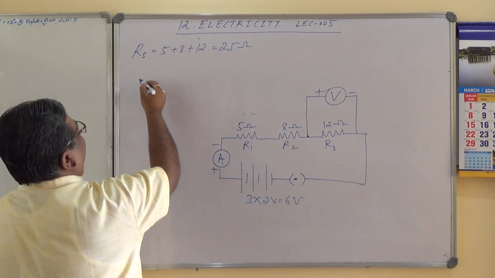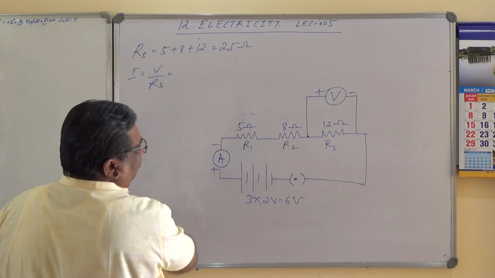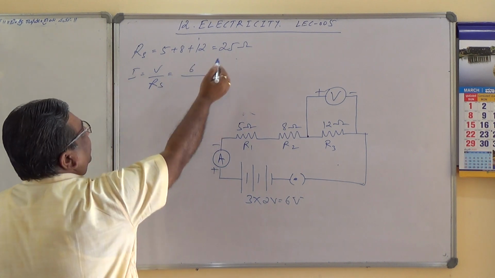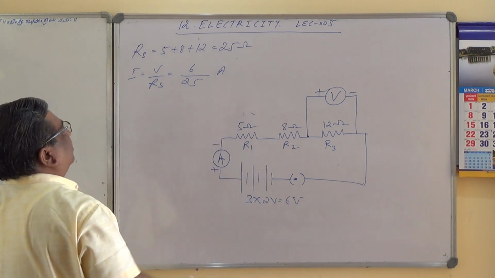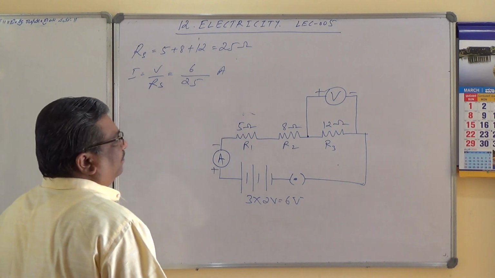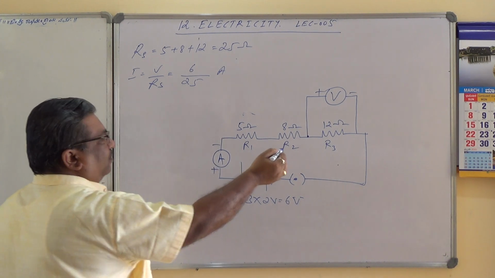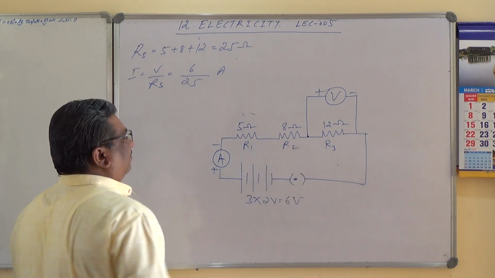What is the current? I equals V by Rs, which is 6 volts divided by 25, so I is equal to 6 by 25 amps. So we have calculated the current through the 12 ohm resistor, because it is the same for all in fact.